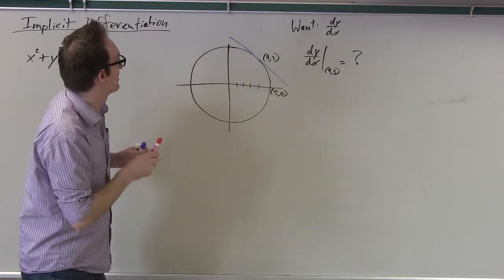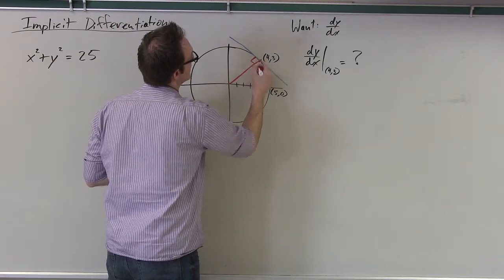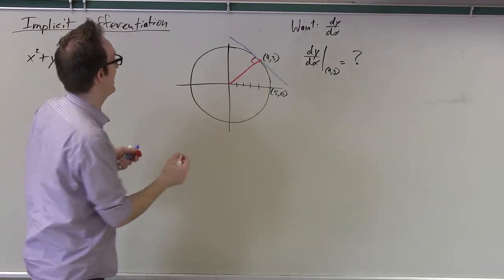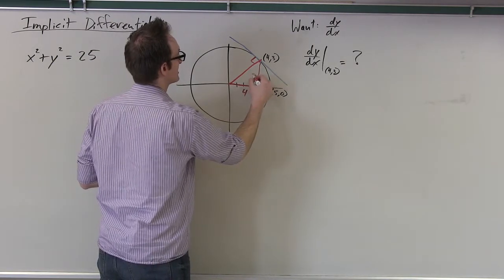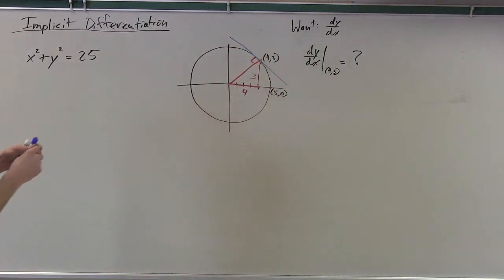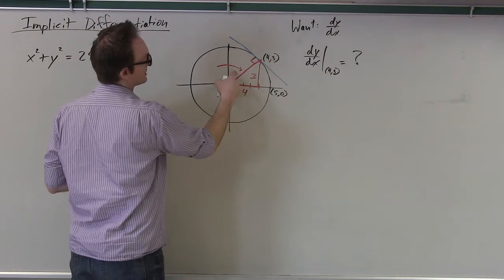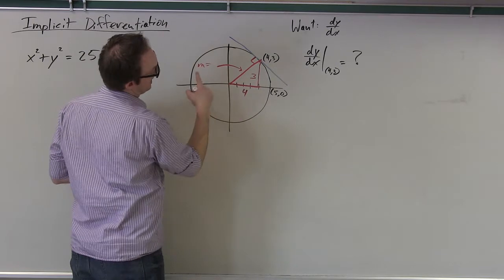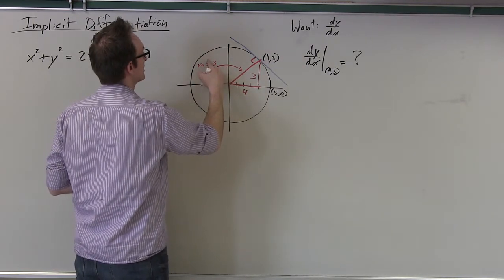Because this line, if I draw this line, that is perpendicular. And this is 4 and this is 3. Doesn't totally look like it on my picture. If that's 4 and that's 3, then the slope of this radius is rise 3, run 4. So that's just 3/4.